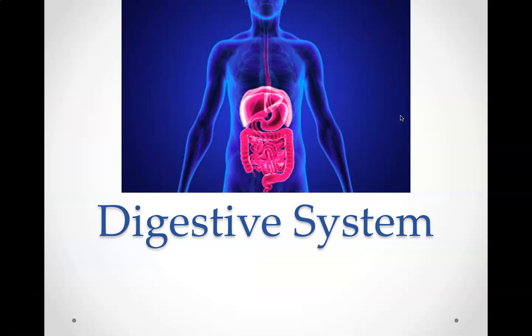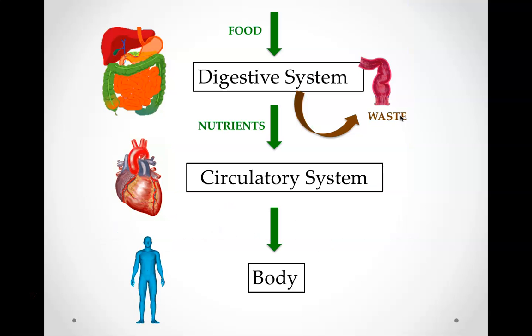So let's shift gears. Now that we've outlined the very basics of nutrition and what nutrients are, we're going to do a little refresher on the digestive system, just see what we can remember. So this is a basic overview of how our two systems work together to deliver nutrients to our body cells.